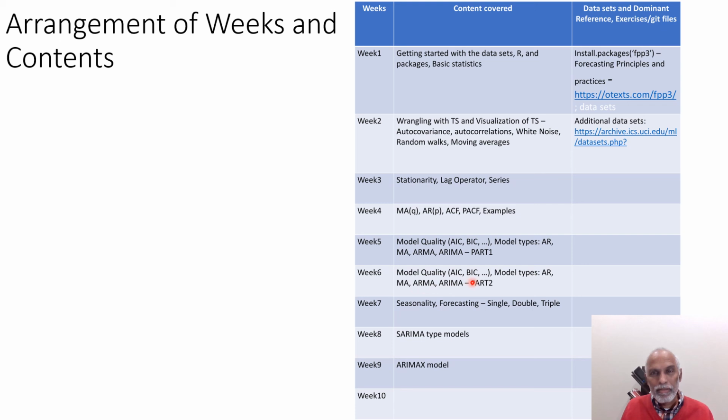Then we will continue to more sophistication in the following week, and in week 7 seasonality forecasting, single, double, triple series, and so on. Finally, SARIMA and SARIMAX models. That's a variation of the topics being arranged here on a weekly basis.